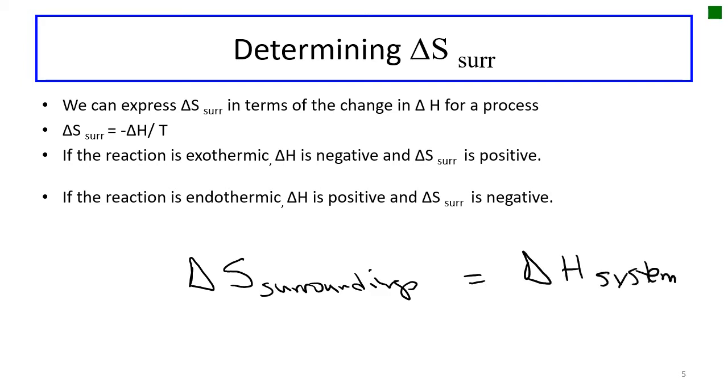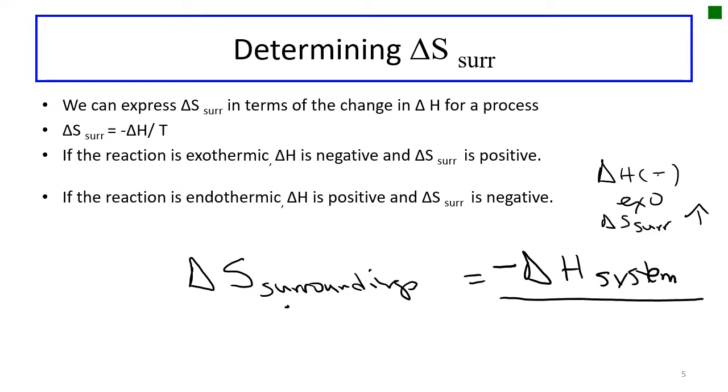And let's make sure we understand the signs. If delta H of the system is negative, that means it is exothermic, which means that the delta S of the surroundings is going to go up. So if this is negative, this value is positive, so we have to put a negative sign in there. And we find that as the temperature increases, this has less effect on the surroundings.